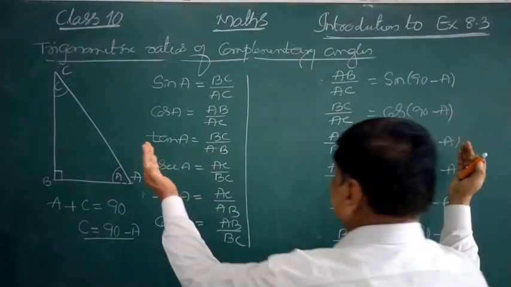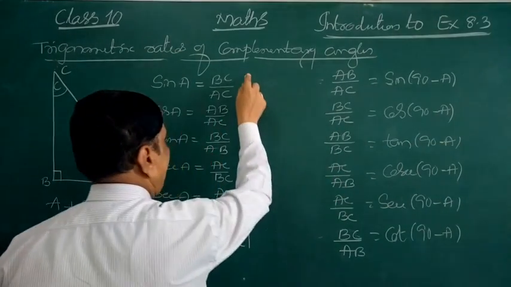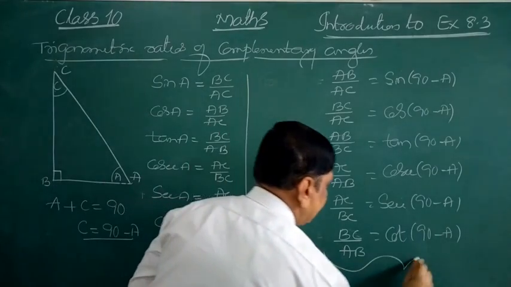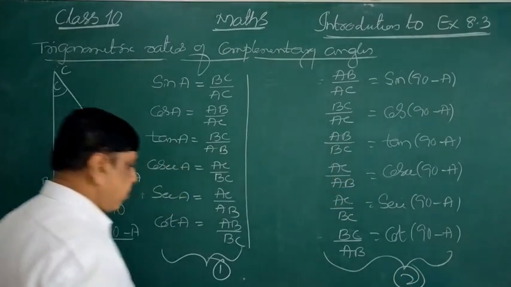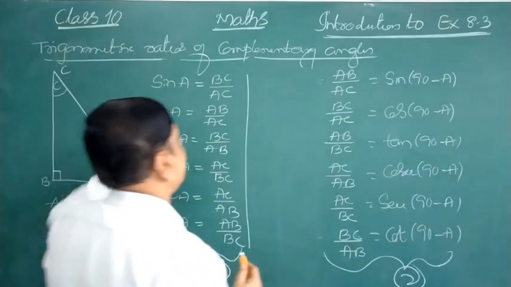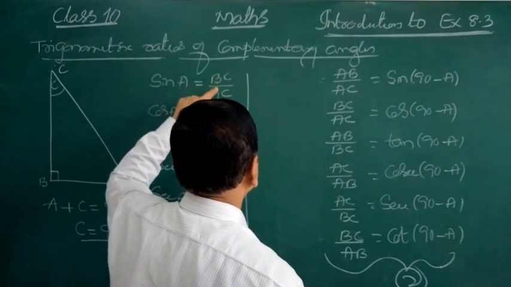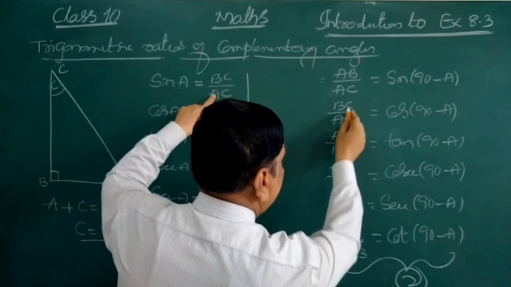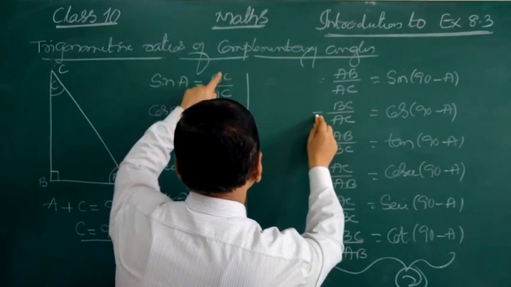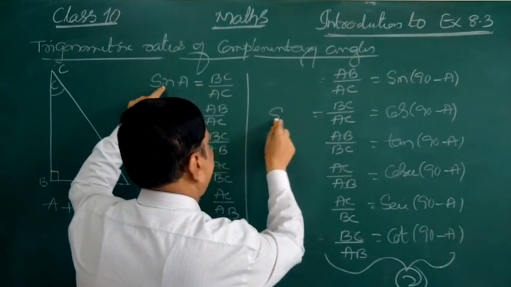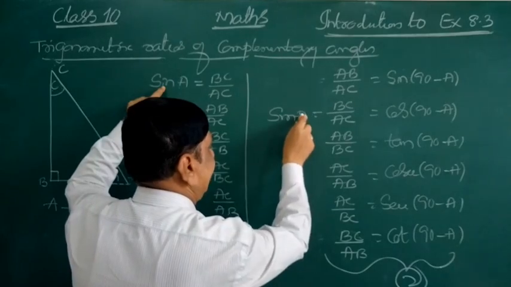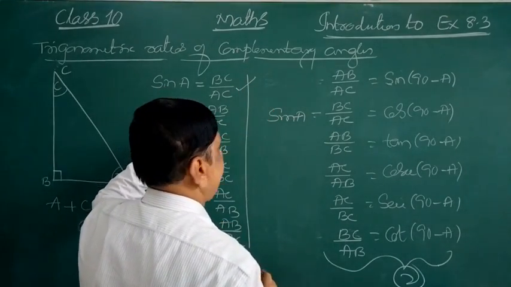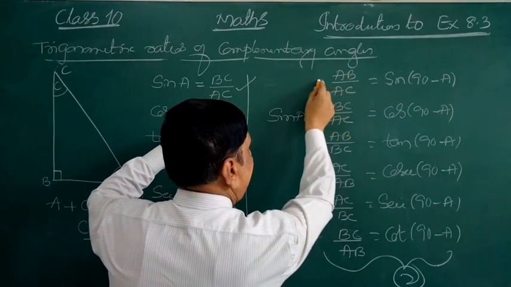Next, comparing these two results, this is result 1, this is result 2. Here we have BC by AC, the same ratio appears here. BC by AC can be written as sin A. Is it right? Next, AB by AC. Here we have AB by AC.